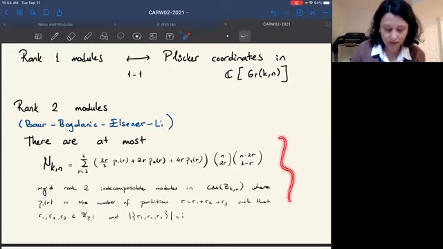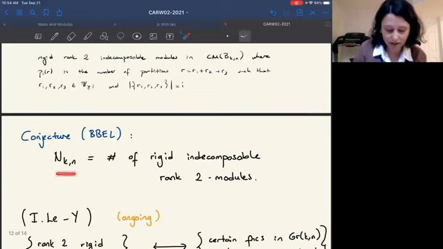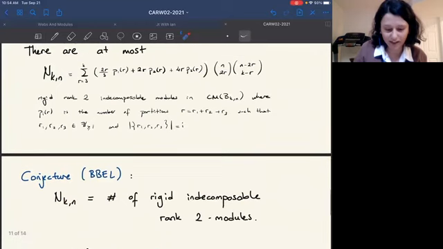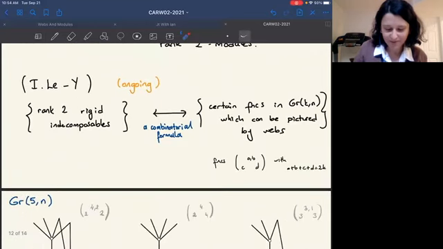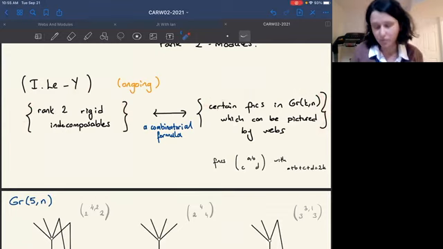It's quite nice, and then they actually conjecture that this should be exactly the number of rigid indecomposable rank 2 modules, and we do believe in that. This is, I think, true. And with Ian Lee, in ongoing work, we found a one-to-one correspondence between rank 2 rigid indecomposables and certain functions in the Grassmannian, which can be pictured by webs.